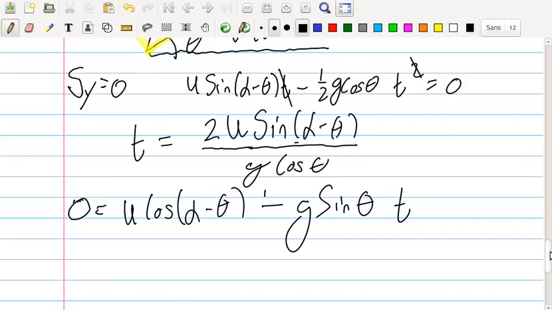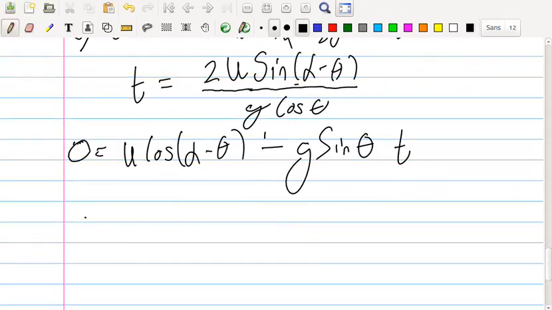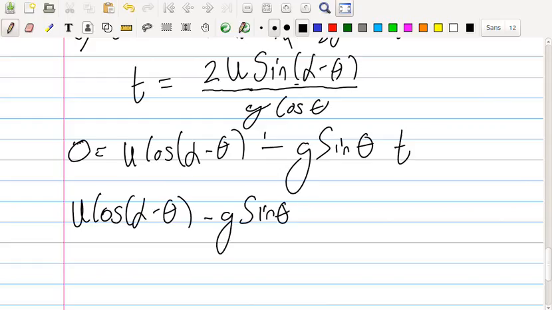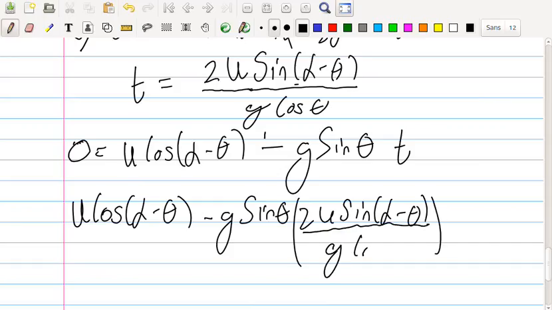Now I put in the t. So I have u cos alpha minus theta minus g sine theta with the t now, which is 2u sine alpha minus theta all over g cos theta, and that needs to equal 0.